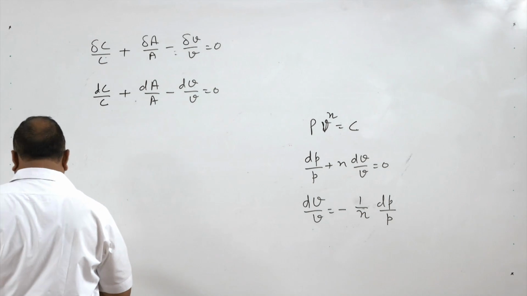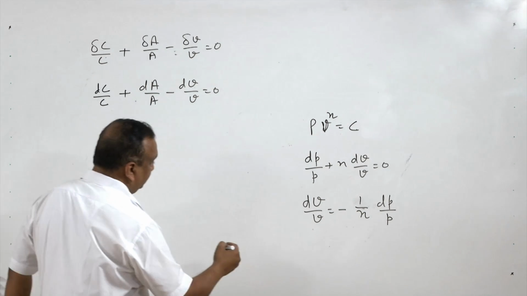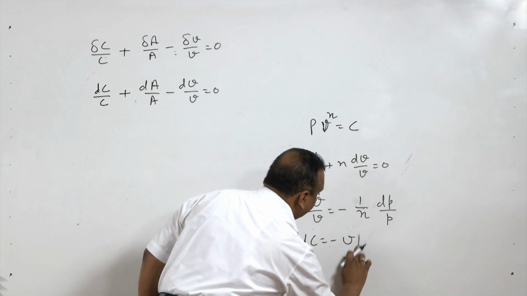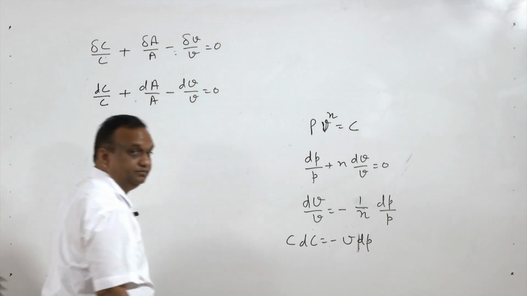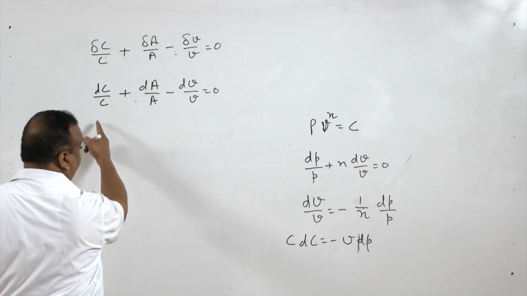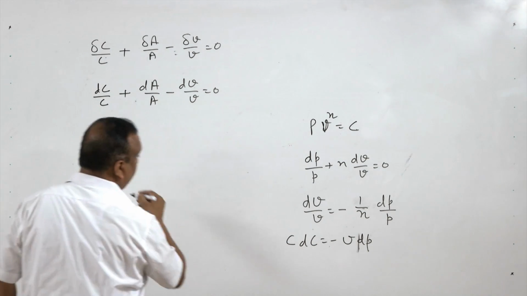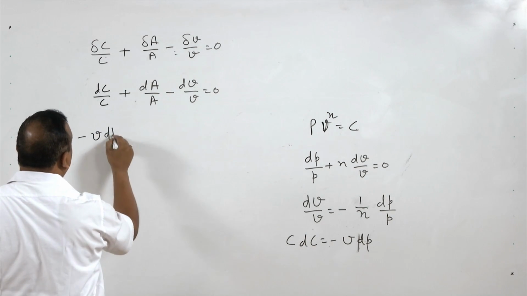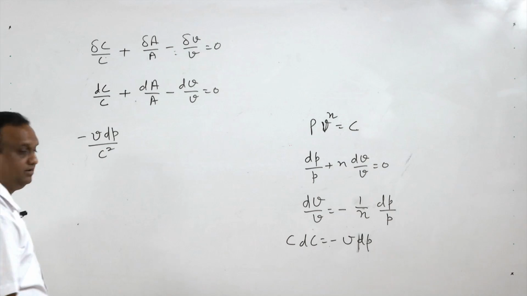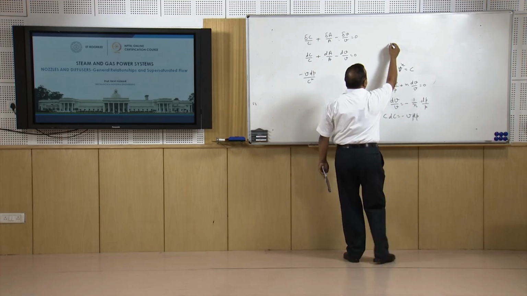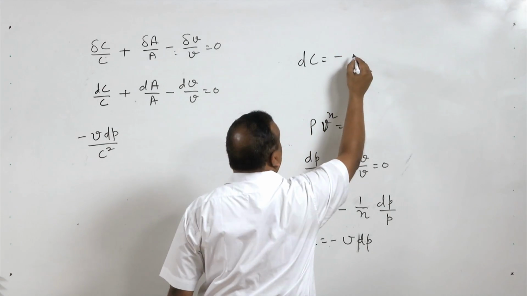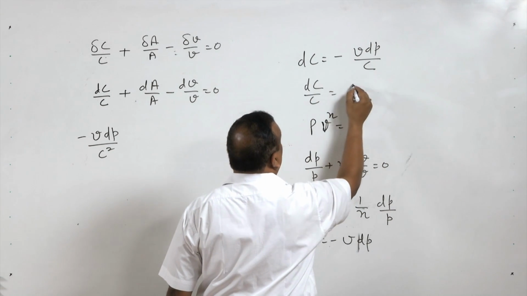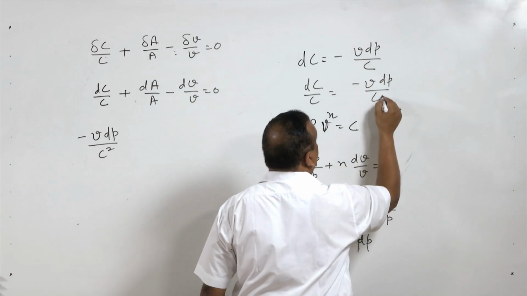Second is, we already know that C dC is equal to minus V dP from momentum equation. So dC is equal to minus V dP by C and dC by C is equal to minus V dP by C square.